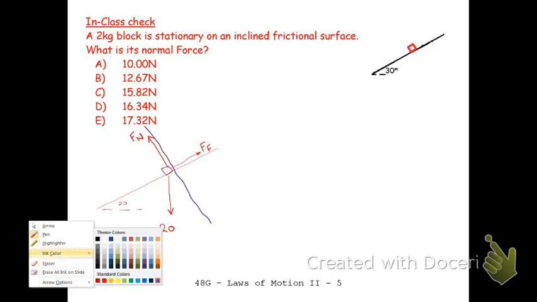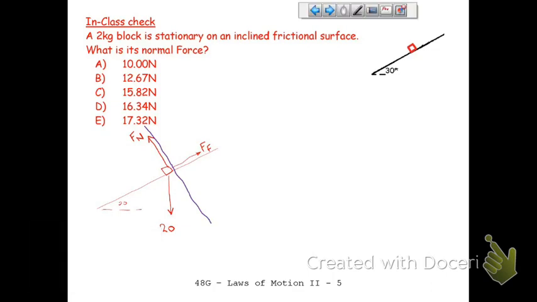And then it's called resolving your forces. Resolve your forces along that line. Well, that 20 Newton has a component, and so does that frictional force. That normal force is its own component, and that does not.